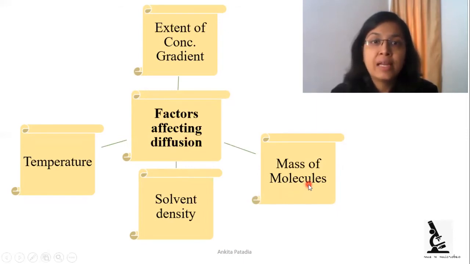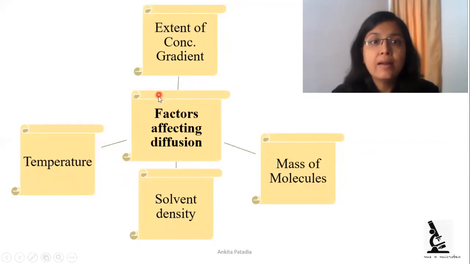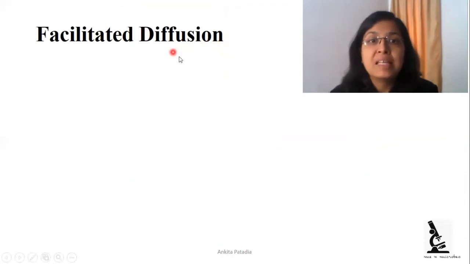As I have said, smaller molecules diffuse quickly compared to very big molecules. And the extent of the concentration gradient: if the size of the cell, the total area of the cytoplasm, is large, passive diffusion requires more time. So this is all about passive diffusion.